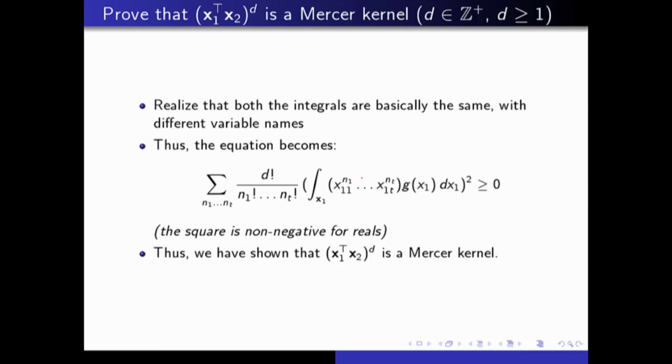This is basically guaranteed to be non-negative. Of course, we have made an assumption that G is square integrable. Thus, we have shown that x1 transpose x2 raised to d is a Mercer kernel for any integral value of d.